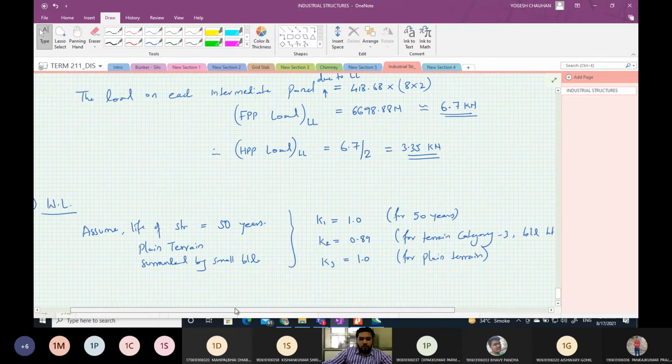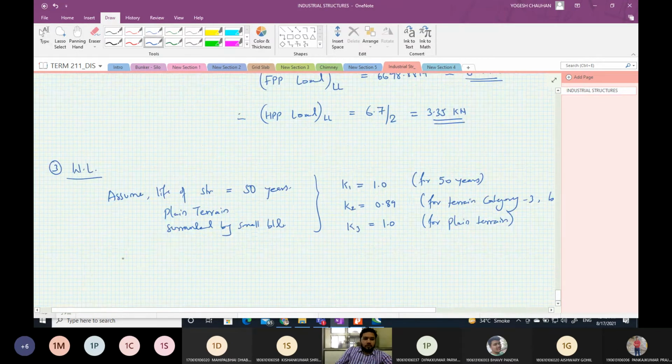Now the building is located in Naini, Allahabad.